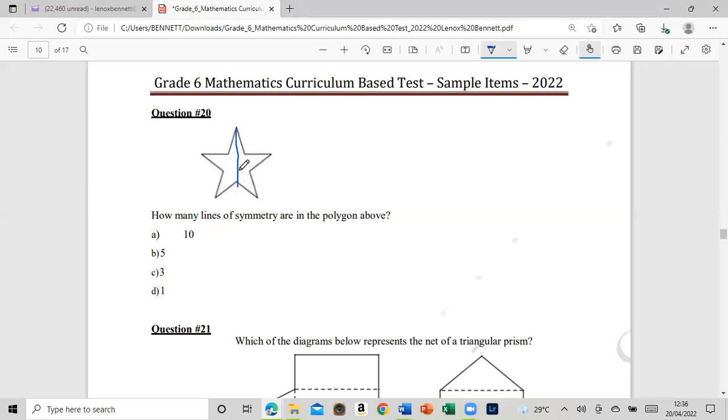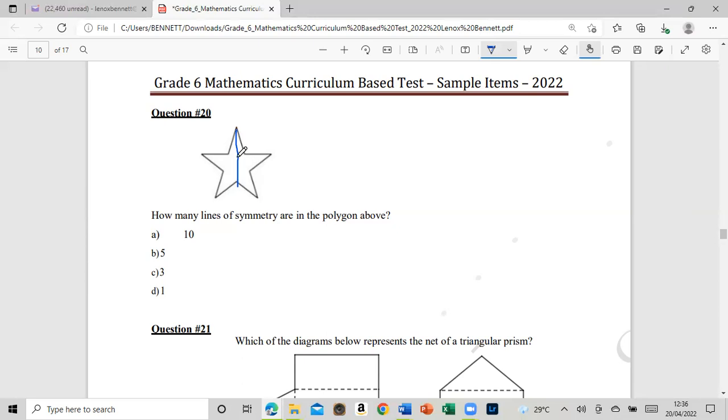All right, so 1, 2, 3. So that's another line of symmetry. Cut it so. Bam.